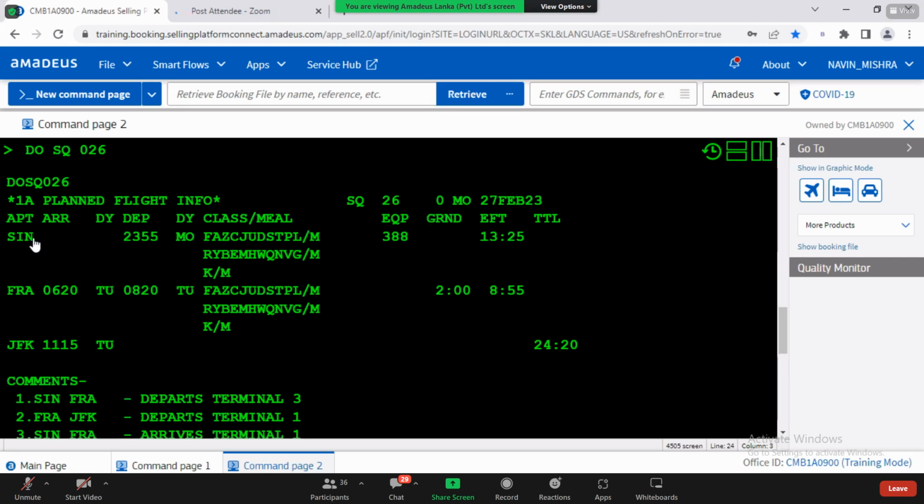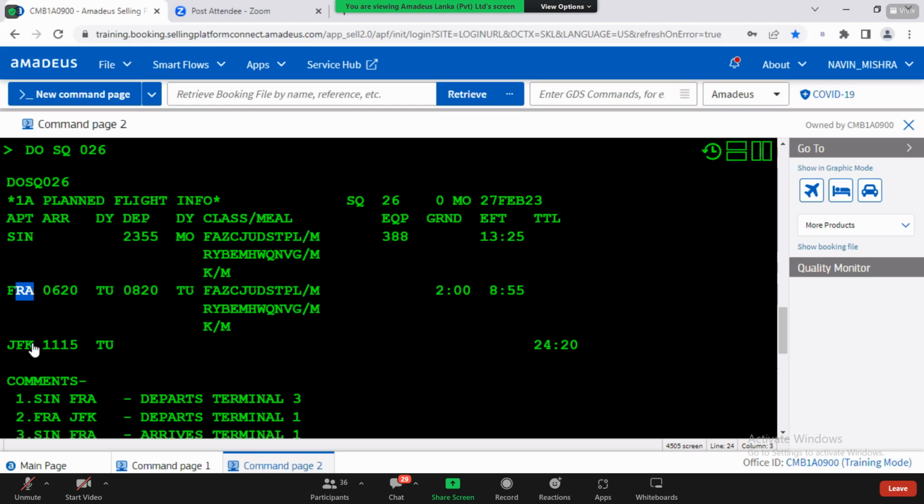Here, the flight is starting from Singapore at what time? 23:50. The day is Monday. This is the equipment type. This is the estimated flight duration: 13 hours 35 minutes, Singapore to Frankfurt. Do you see the first stopover? That means the first technical halt or refueling reason.